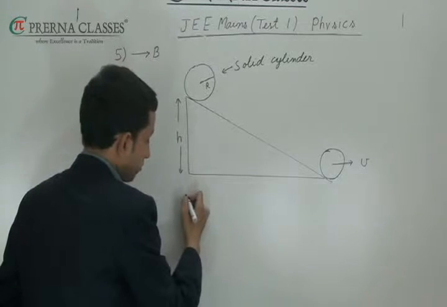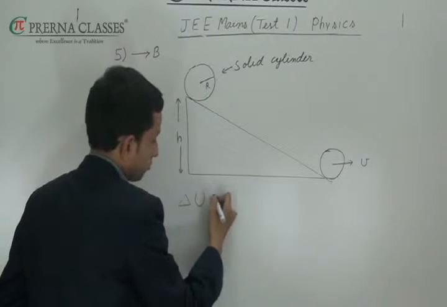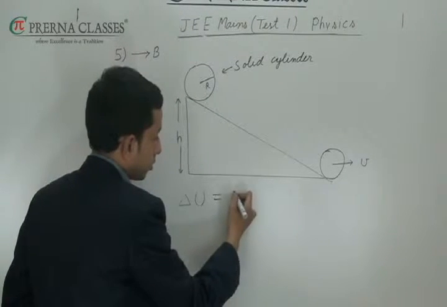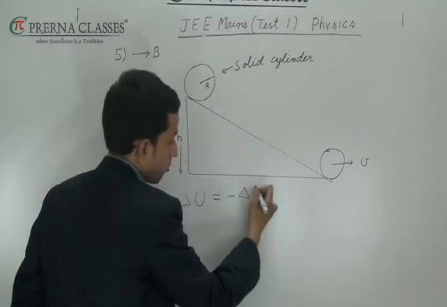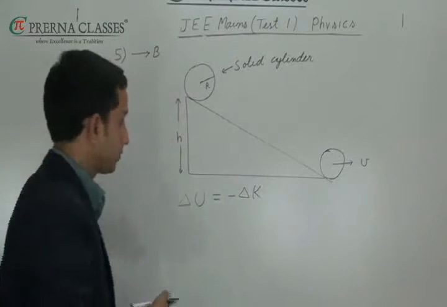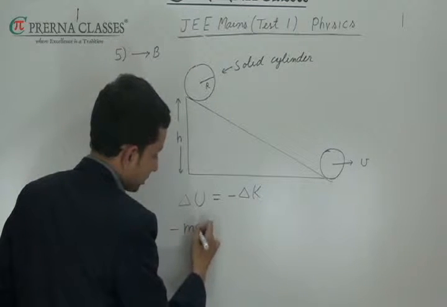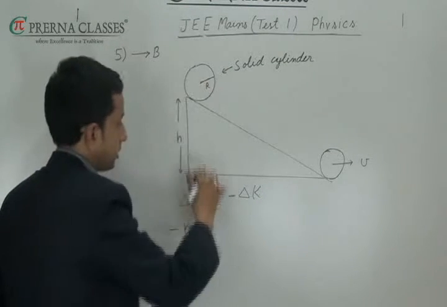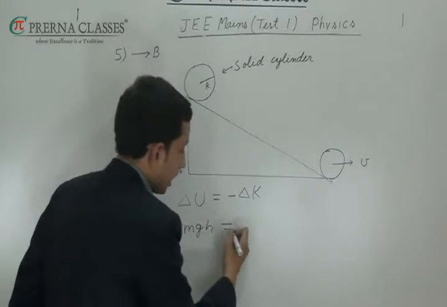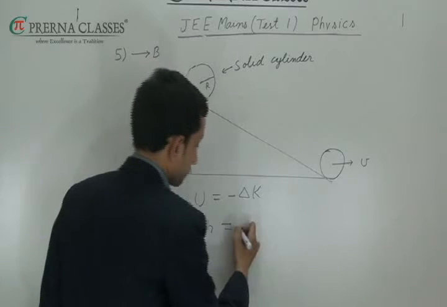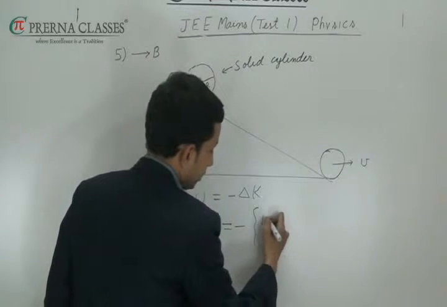So we will use delta U, the change in potential energy, equal to minus of change in kinetic energy. So change in potential energy will be minus mgh, since it is decreasing, and that will be equal to minus of change in kinetic energy.